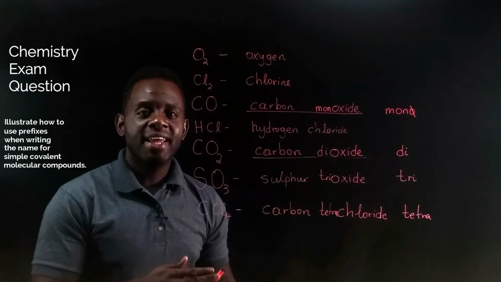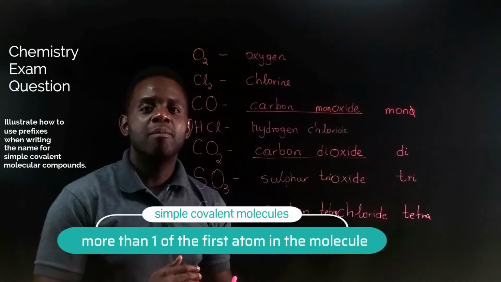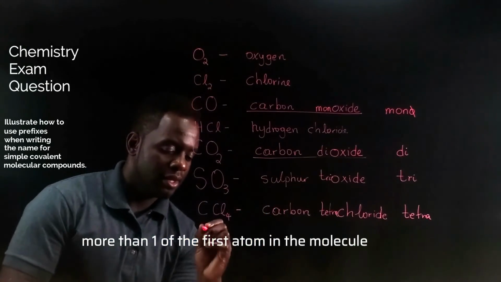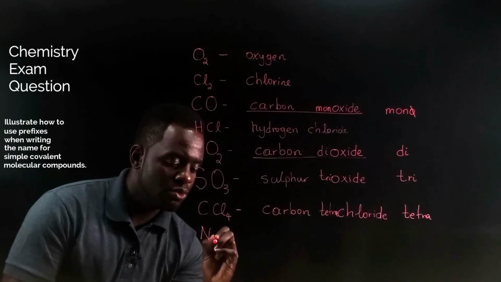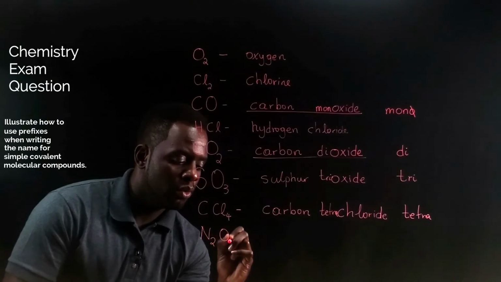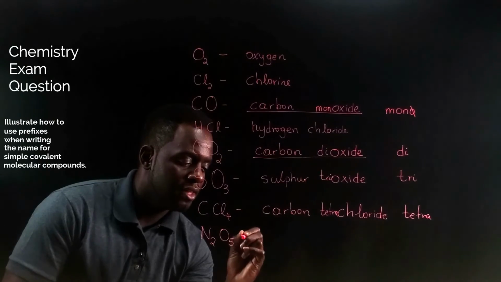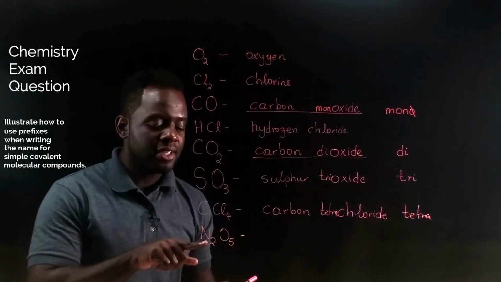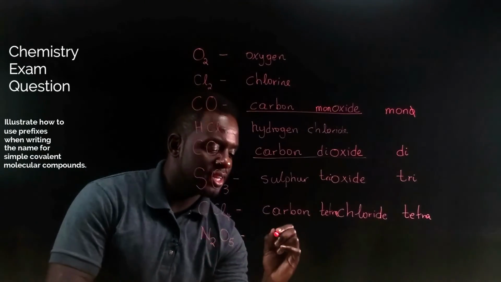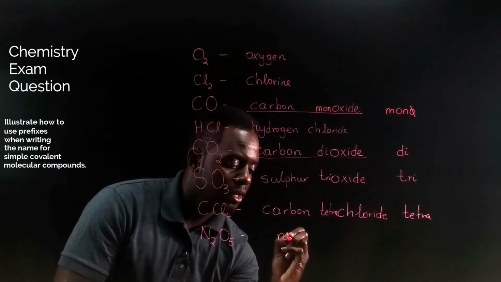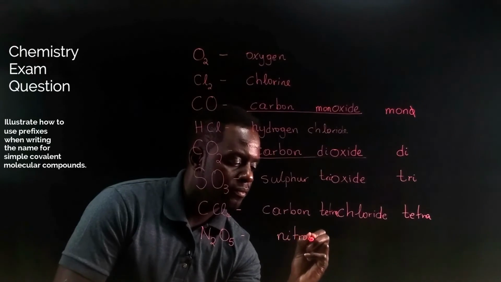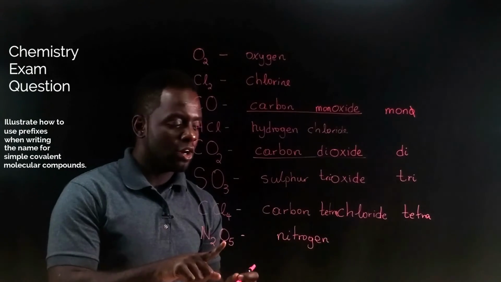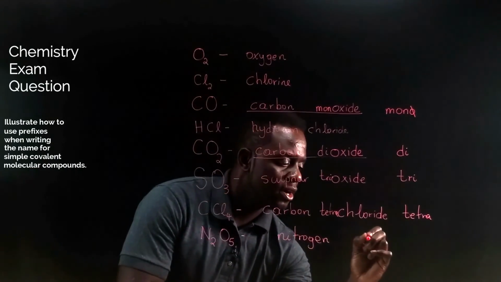And finally, let's look at an example when there are more than one of the first atom in the molecule. N2O5. The name of this molecule is, again, we start by writing the name of the first element, so that's nitrogen. The name of the second element comes with the suffix IDE, so that's oxide.